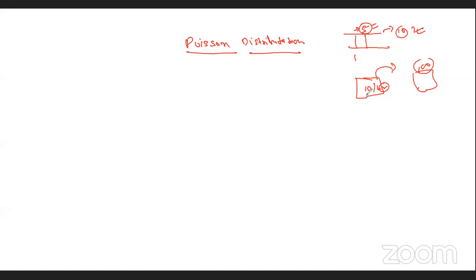If you have done some kind of experiment where events are dependent on an interval, and all the events are going to happen in an independent way, then feel free to use a Poisson's distribution.